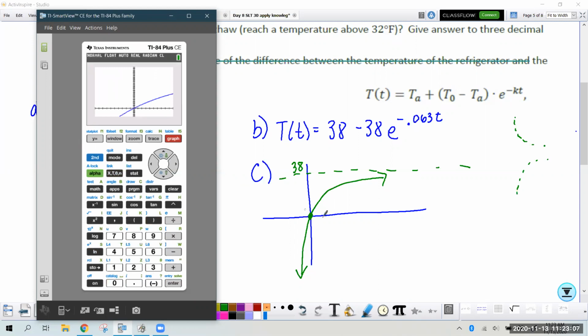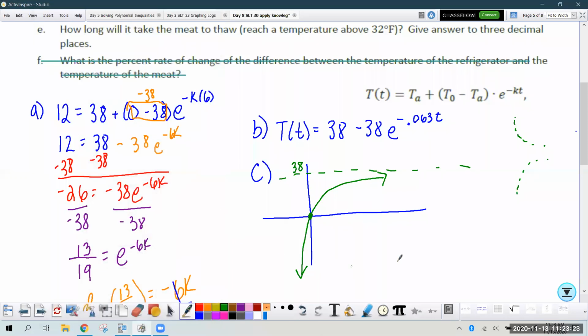Hey, that doesn't even look that great. Let me go lower. So you get that general shape, goes through the origin, has that horizontal asymptote of 38.